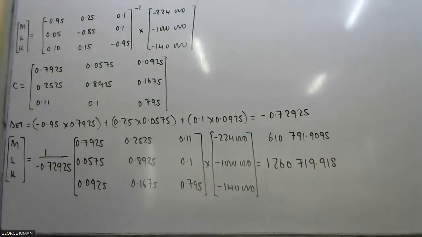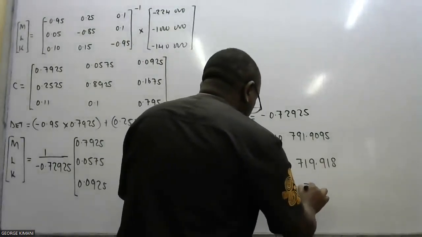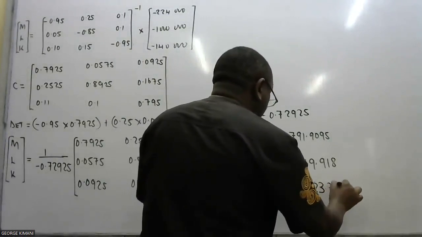0.0925 times minus 224 exponential 3 plus 0.1675 multiplied by minus 1 exponential 6 plus 0.795 times minus 14 exponential 4 divide by 0.72925 equals 410,723.3459.